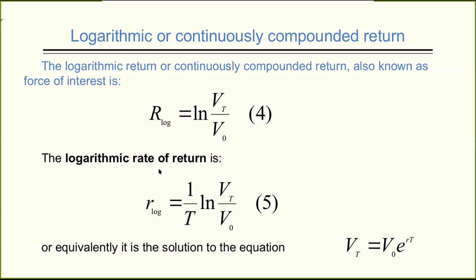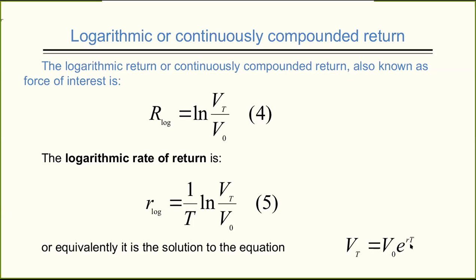And the rate of return is this logarithm divided by T capital. Maybe you think that it's rather strange, but it's very natural, because we can find formula 5 not only from 4, but also as a solution of this equation.